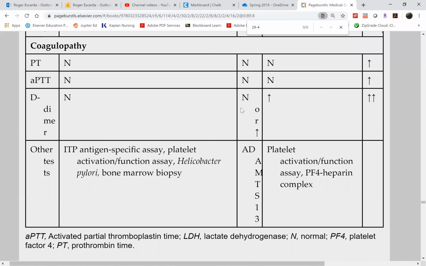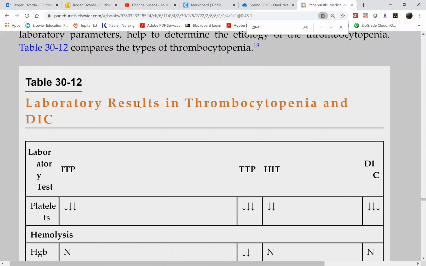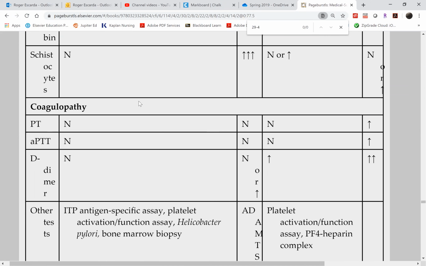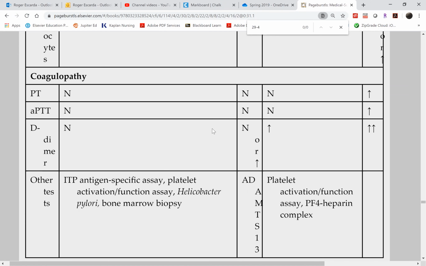So here in TTP, ITP, is this ITP? Yeah, in ITP and TTP, look at your D-dimer. Why is it normal, or maybe a little bit increased? Are you forming clots in an ITP?